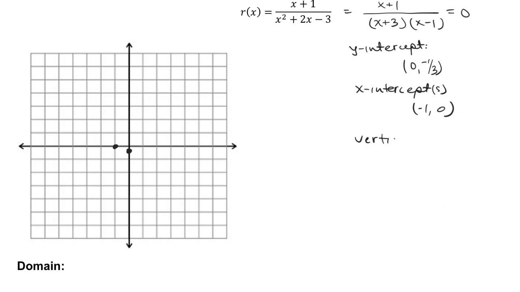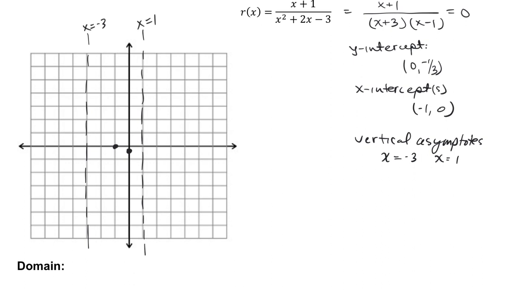Now, the vertical asymptote, there's actually two of them, or the domain restrictions that x cannot be negative 3 and x cannot be positive 1. So we put this vertical line as a barrier to say that x cannot equal this number here, and then another barrier here to say that x cannot equal that number there.